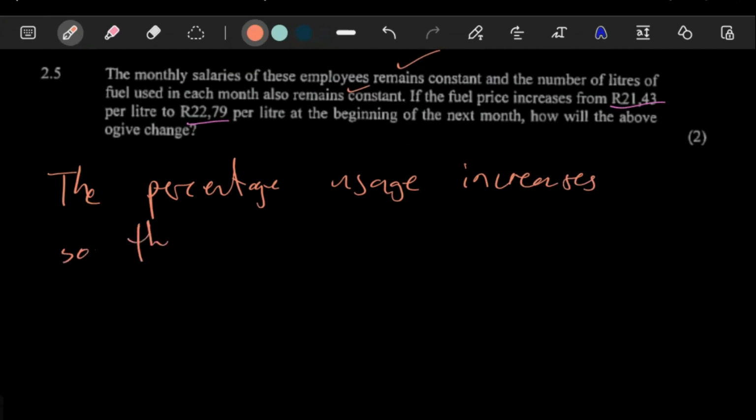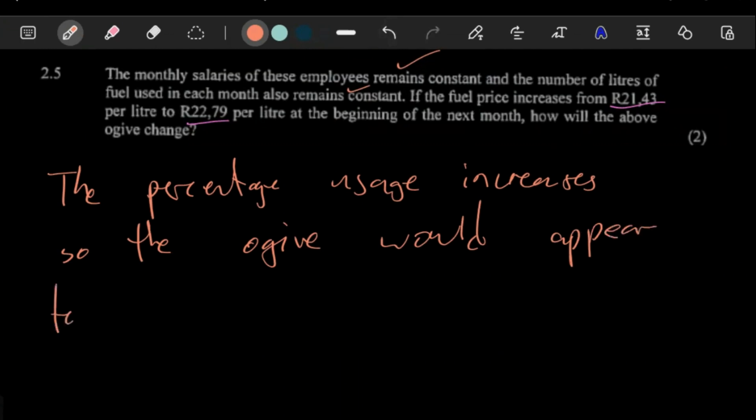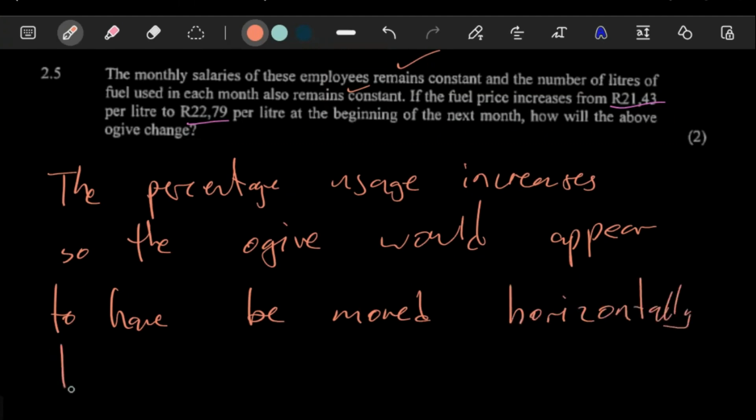So the OGIVE would appear to have been moved horizontally to the right.